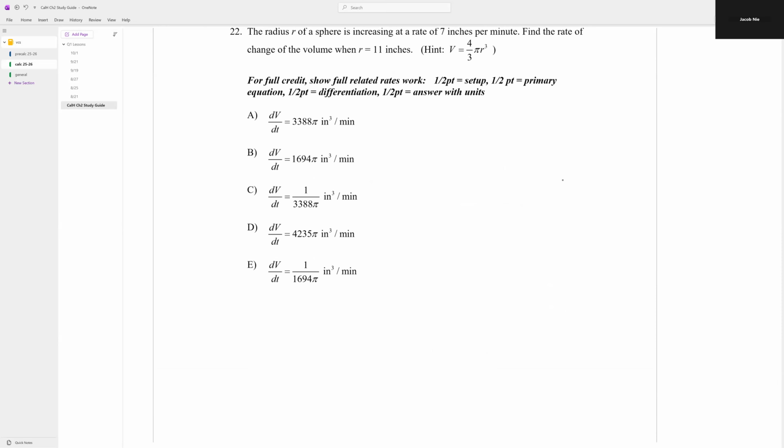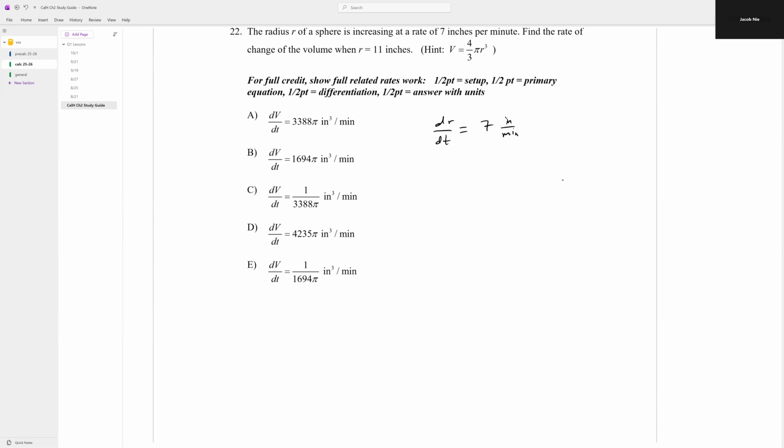So let's do the setup first. We're told that the radius is increasing at a rate of 7 inches per minute. So that's telling us a derivative, right? Because it's a rate. And it's increasing, so it's positive. So we're basically given that dr/dt is equal to 7 inches per minute. Positive 7, right?